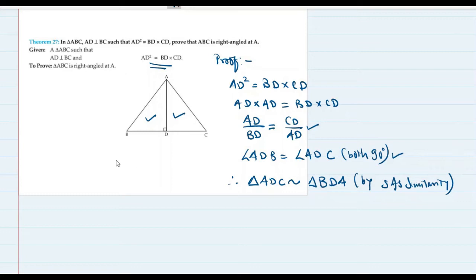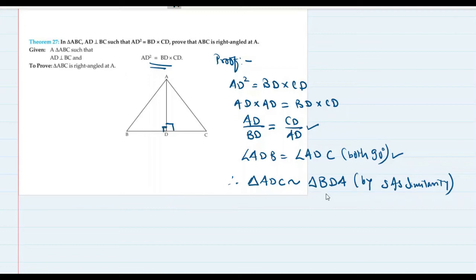Now I know that these two triangles are similar, and in these two similar triangles, angle ADB and angle ADC are equal because they both are 90 degree. But there are some other angles also which are equal. Let's find them. Which are those?